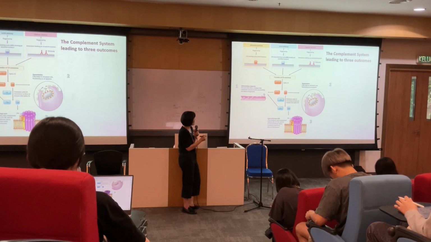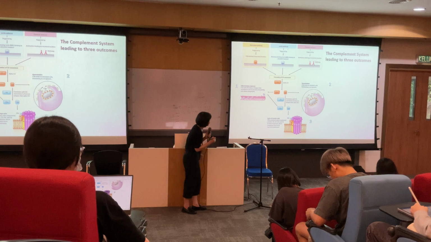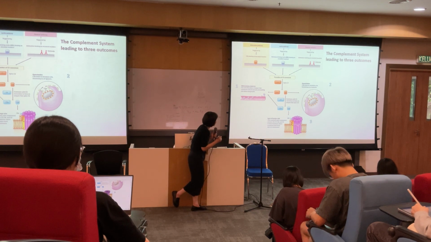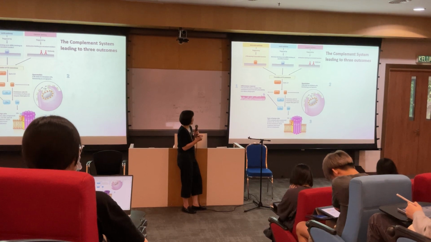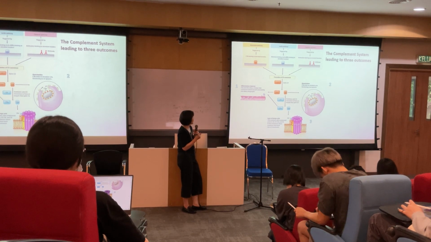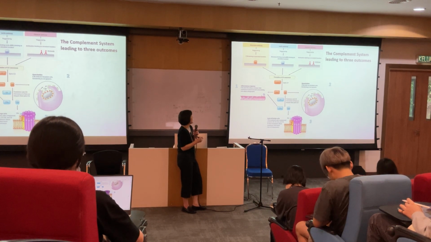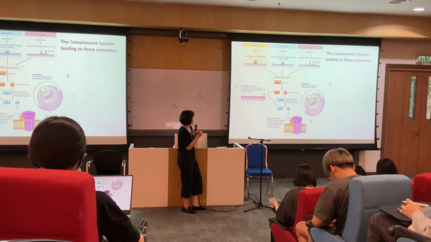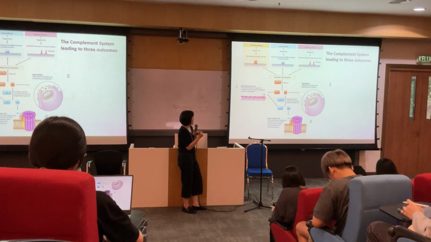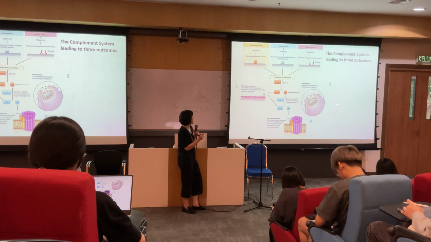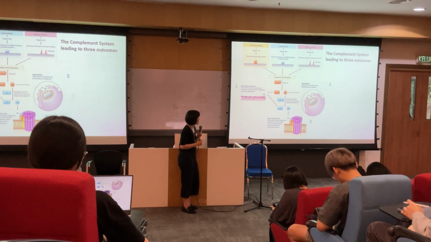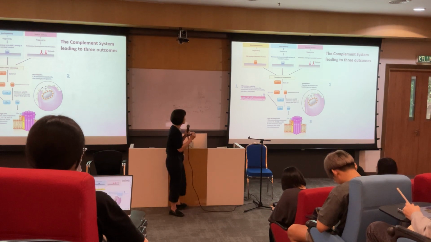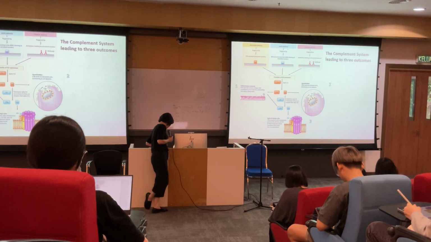This oligomer together with other proteins from the complement system, basically C6, C7, C8, C9, all of this forms a pore and causes the bacterial cell lysis. Right, so causing inflammation, enhancing phagocytosis, and also lysis of the bacterial cells. These are the three outcomes coming from the complement system.